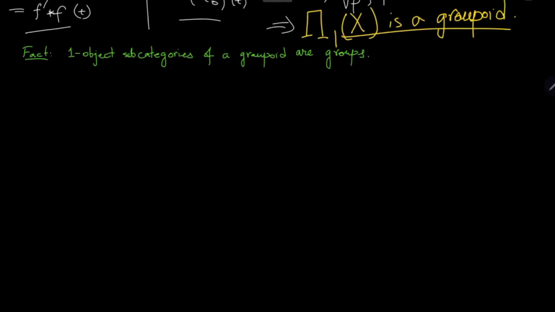And since all of the morphisms here are isomorphisms, that endomorphism set is exactly the automorphism set. It is the automorphism group of that object.